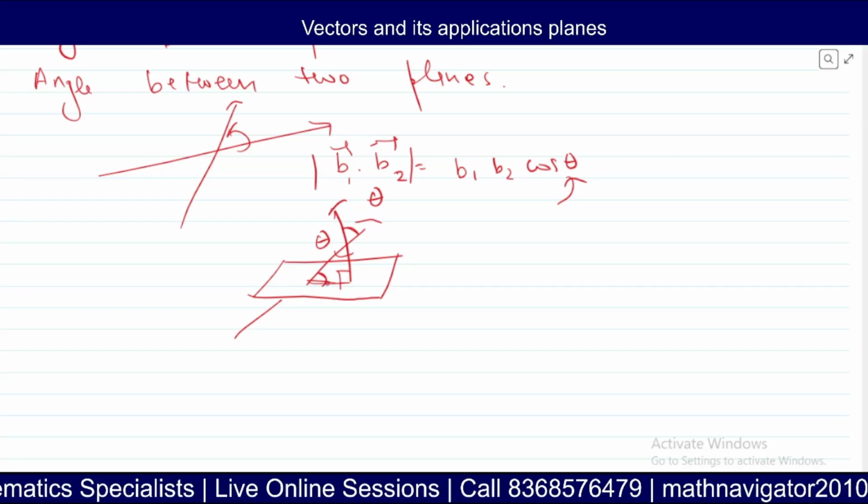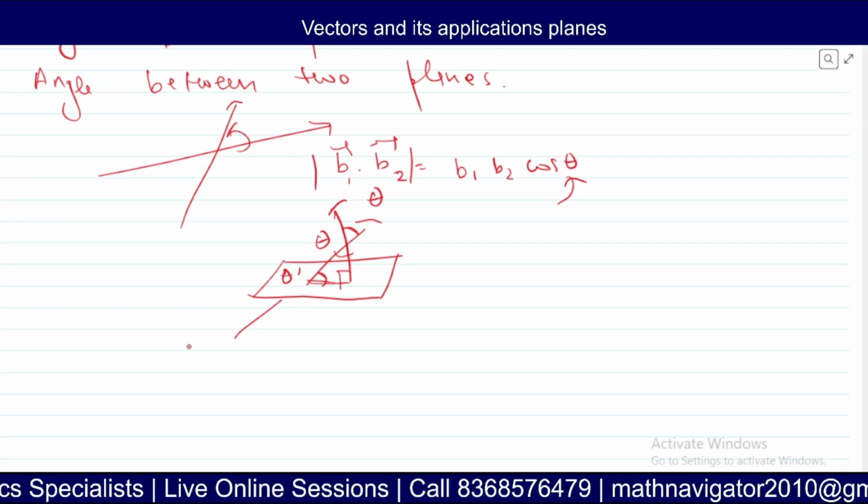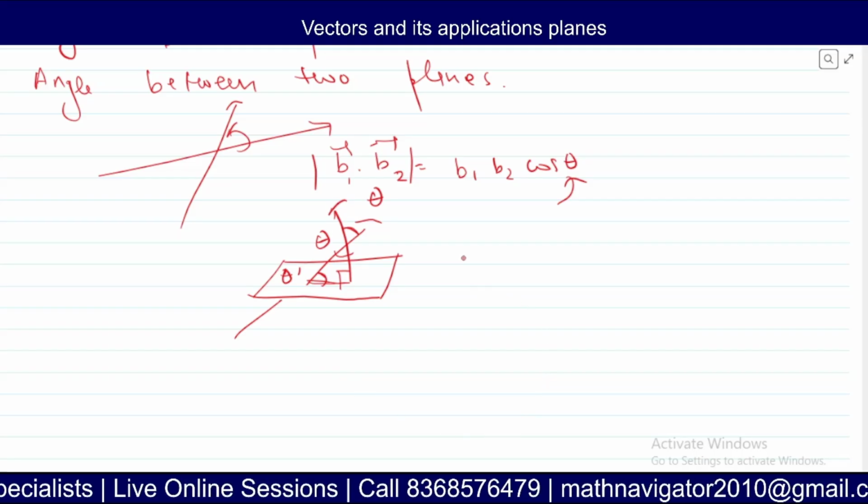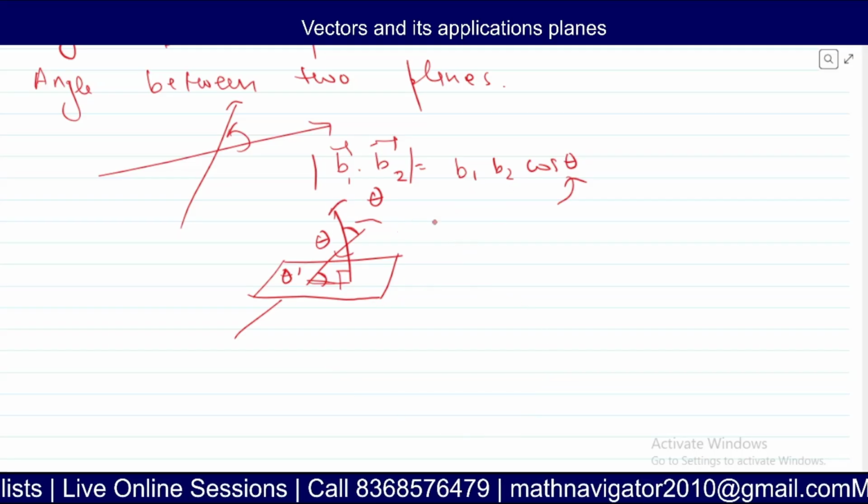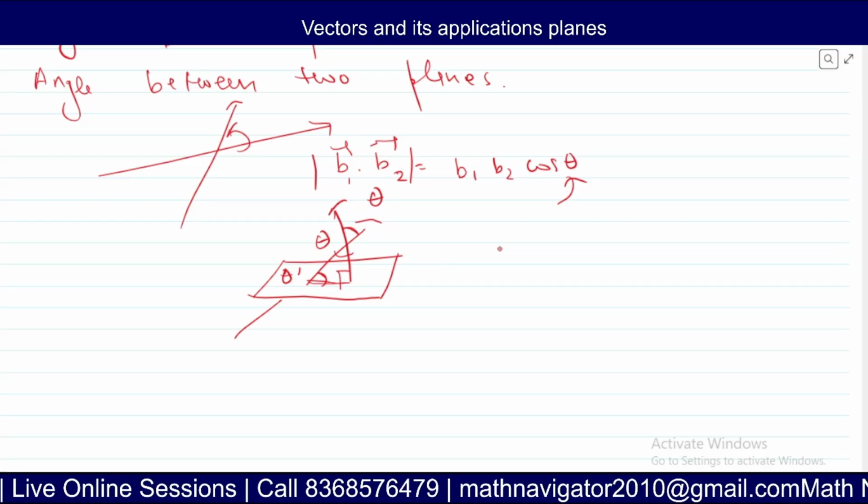So I want basically theta dash, which is the angle between the line and the plane, which is 90 minus theta. So just remember this.